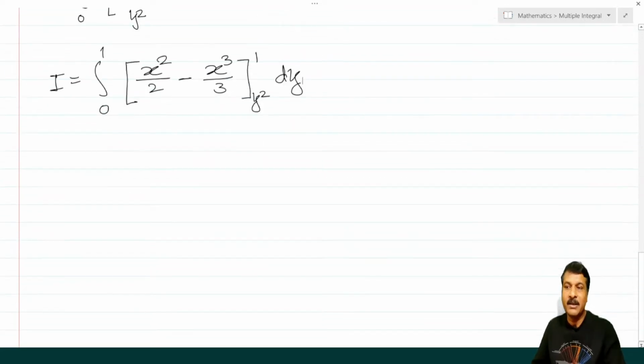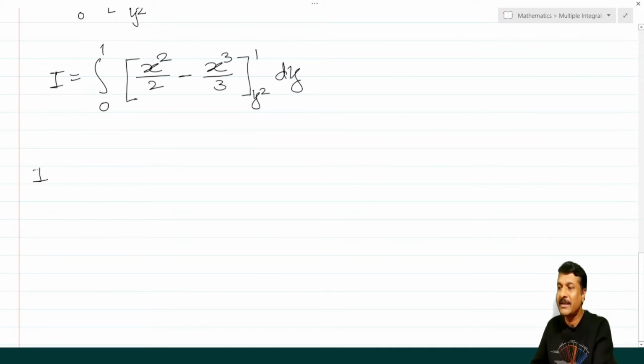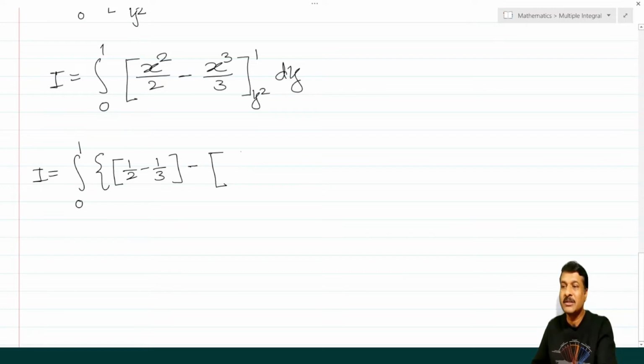Now put upper limit minus lower limit. So I am getting I equal to integration 0 to 1, upper limit 1, so 1 by 2 minus 1 by 3, minus the lower limit. So y square is the lower limit, so it will be y raised to 4 by 2 minus y square cubed, which means y raised to 6 by 3, into dy.